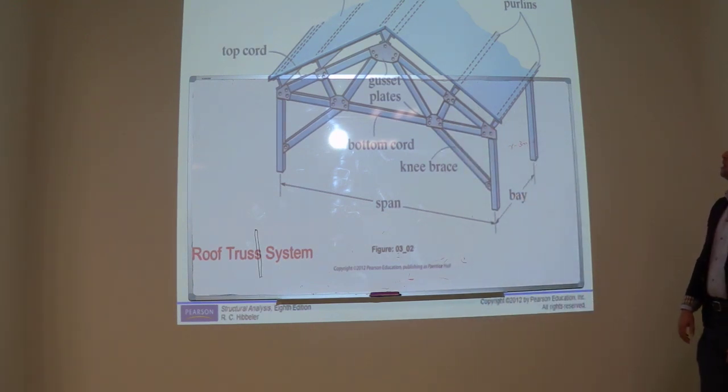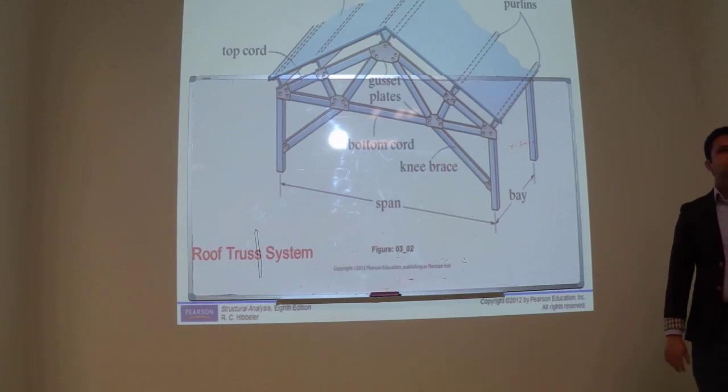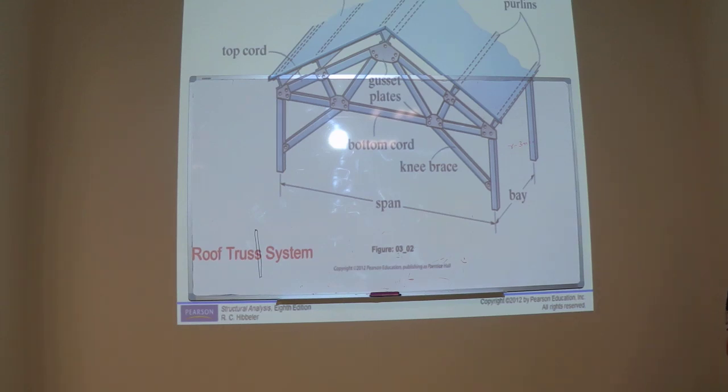If you see, the load is acting only at the joints. Do you understand? For example, this purlin is taking the load of the roof, and this load is going to this joint, from here and from here.